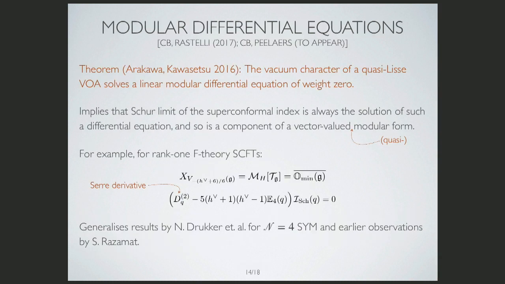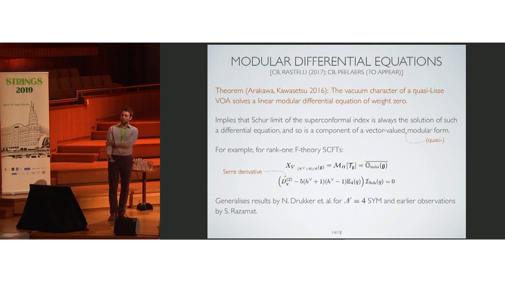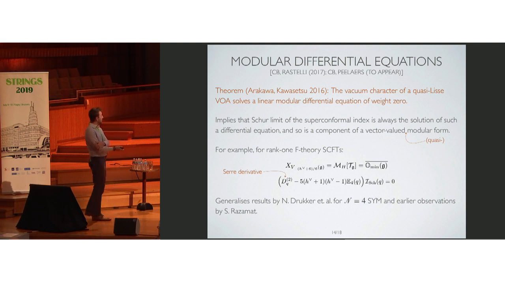Their work is relevant for many reasons, but in particular, they proved a theorem that the vacuum character of any quasi-lisse vertex operator algebra solves a linear modular differential equation of weight 0, which translated means that the Schur superconformal index, which is the same thing as the vacuum character by the previous discussion, is always the solution of such a differential equation, and so in particular is a component of a finite dimensional vector-valued modular form, really a vector-valued quasi-modular form.